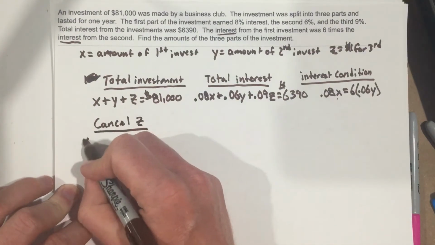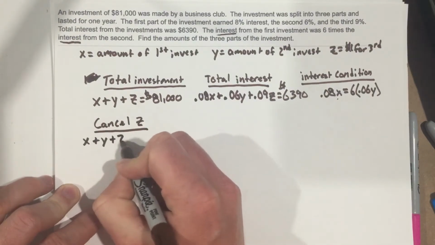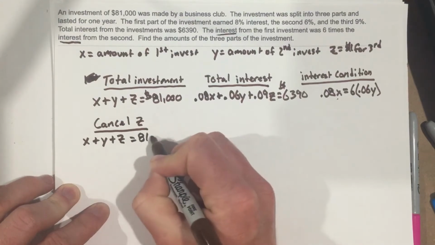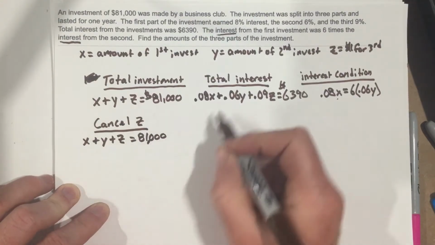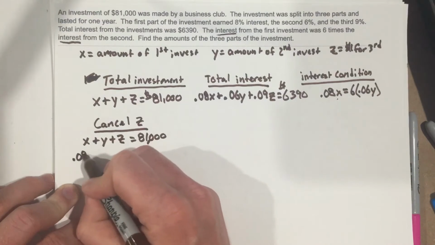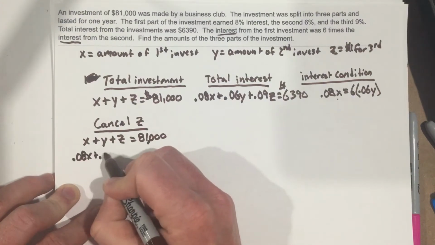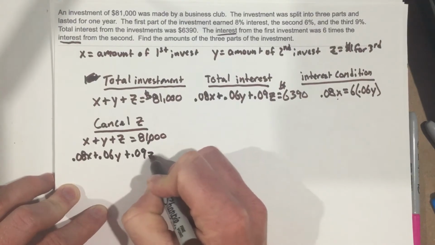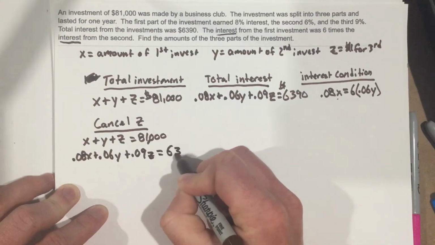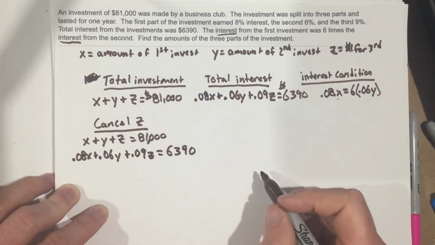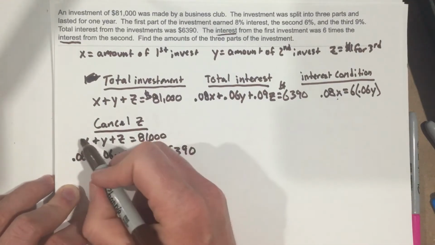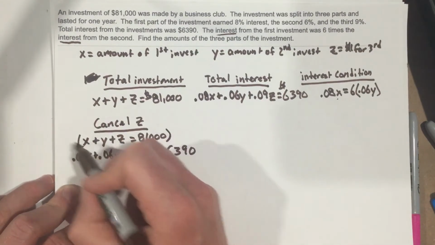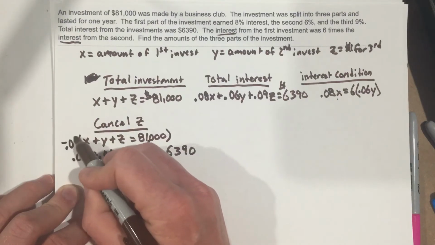So that's X plus Y plus Z equals 81,000. This is 0.08x plus 0.06y plus 0.09z equals 63.90. We're going to start by multiplying the top equation, because we're canceling z, by negative 0.09.